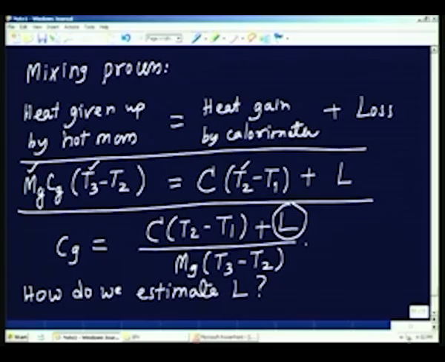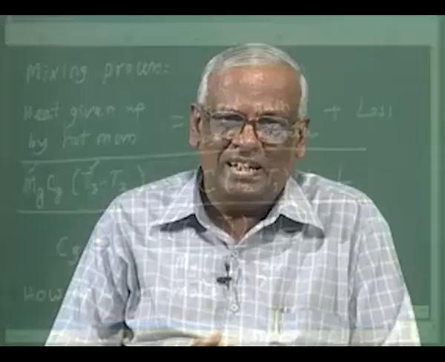We can make a suitable assumption for this. If you remember in the radial flow heat conduction apparatus, we saw that the loss is proportional to the delta T, the temperature difference between the inner cylinder and the outer cylinder.